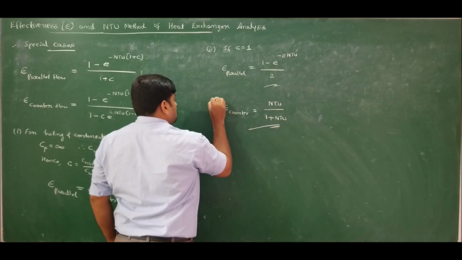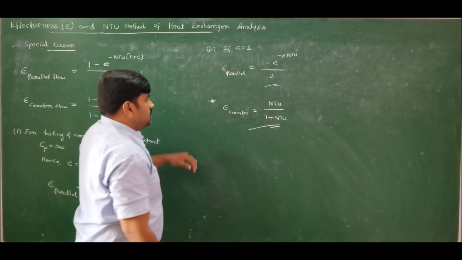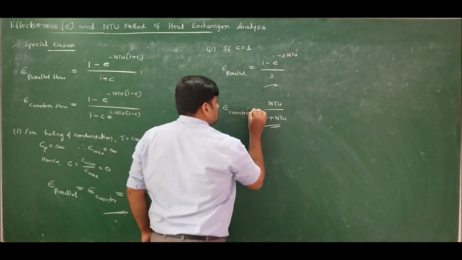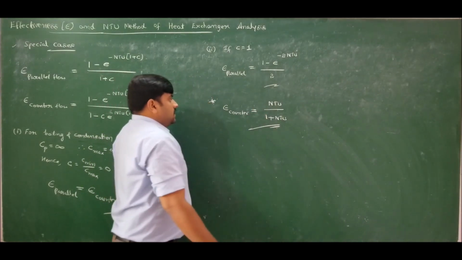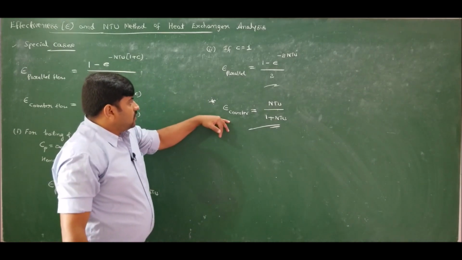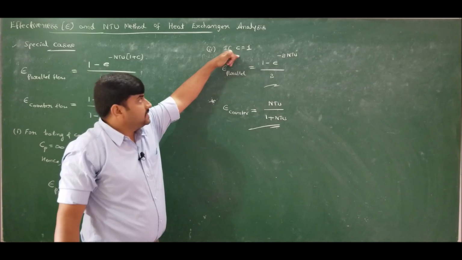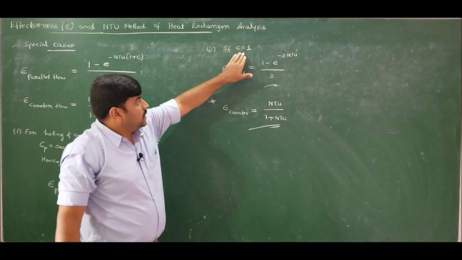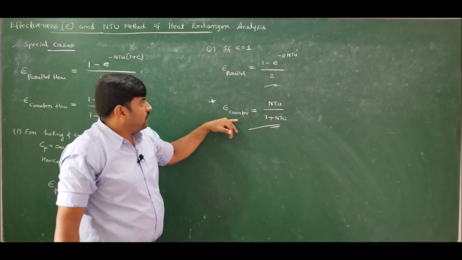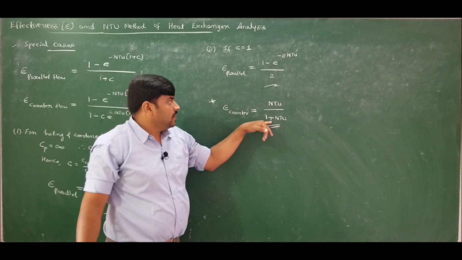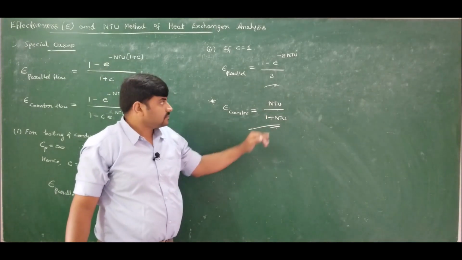Kindly make a note. This is very, very important. Otherwise, you will get the answer as indeterminate form. So this is the relation for counter flow heat exchanger if C is equal to 1, that is, the ratio of heat capacity rates is 1. Then effectiveness for counter flow heat exchanger is given by NTU divided by 1 plus NTU.